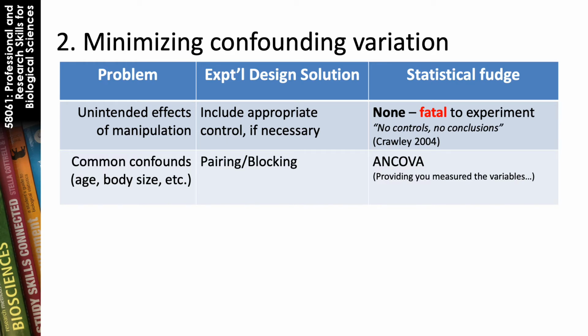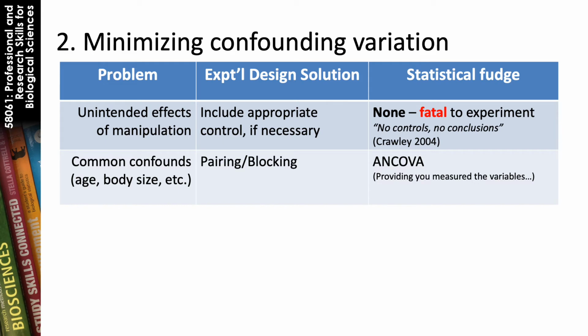That is where, as predictor variables in an analysis, you have both your treatment groups that you want to measure differences in, but also you fit the potential confound, like age or body size, as a covariate. And of course you have to have measured that covariate if you want to include it in your analysis.